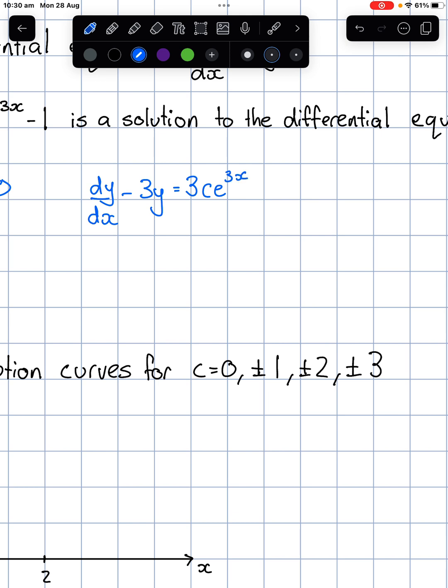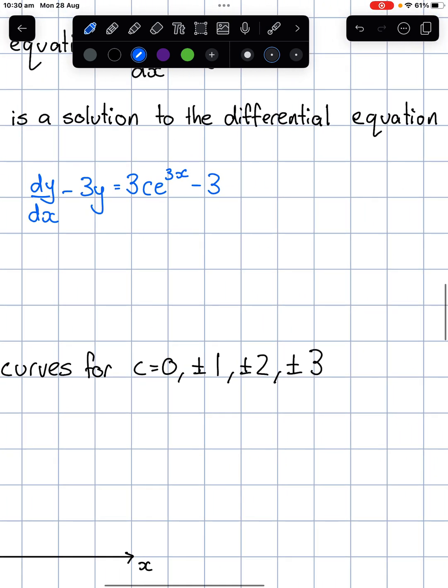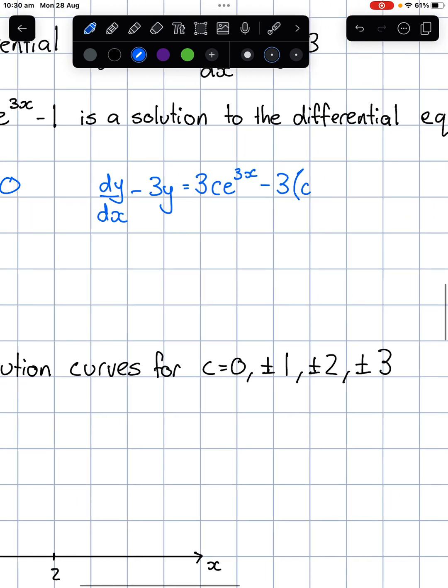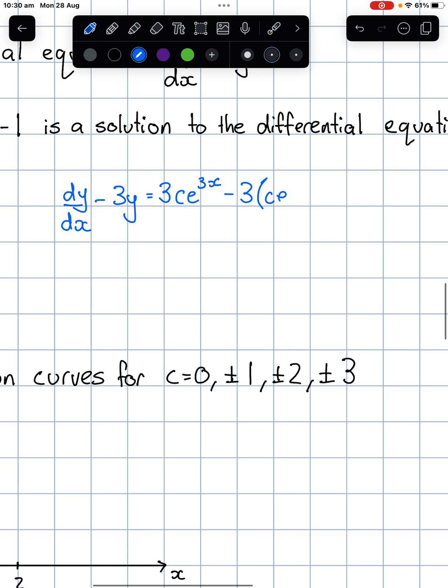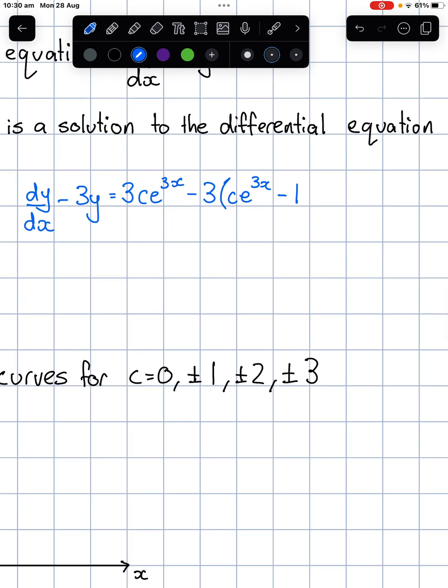And then we've got minus 3, and our y for this particular one was Ce to the 3x minus 1.